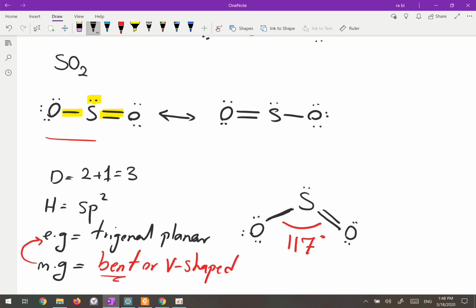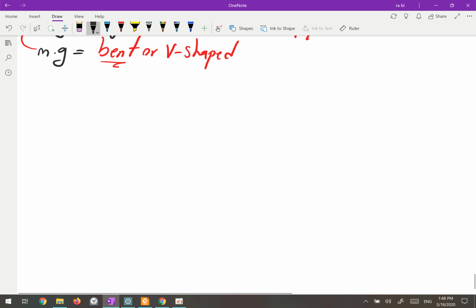Okay, let's move on to the next one. It's sulfur trioxide, SO3. It also has 3 resonance structures. I draw only one of them here. The resonance structure for that is S, O, O, O. This is one of the resonances.